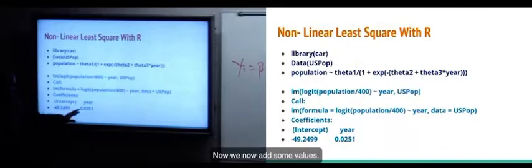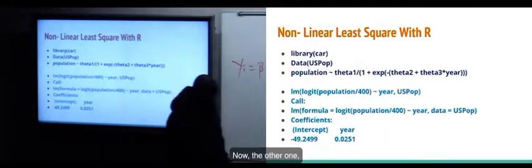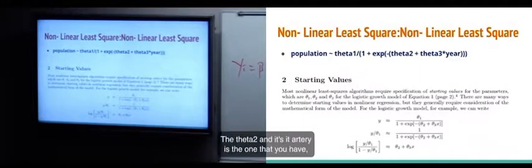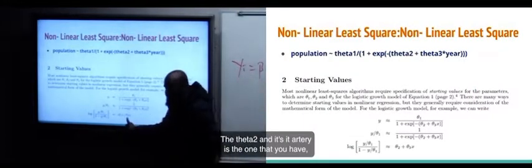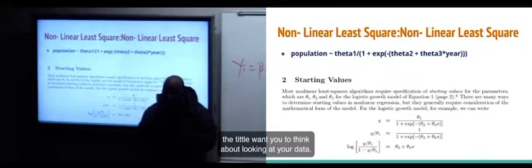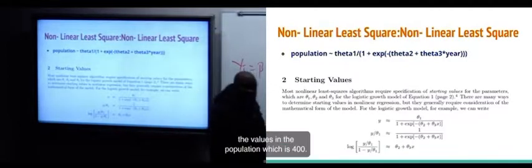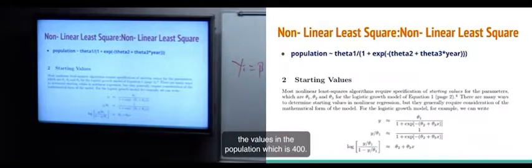Now we have some values. The other ones, don't forget: theta 2 and theta 3 are the ones that you got out. The theta 1, you think about it, looking at your data. The value that is greater than the values in the population, you choose 400, right?